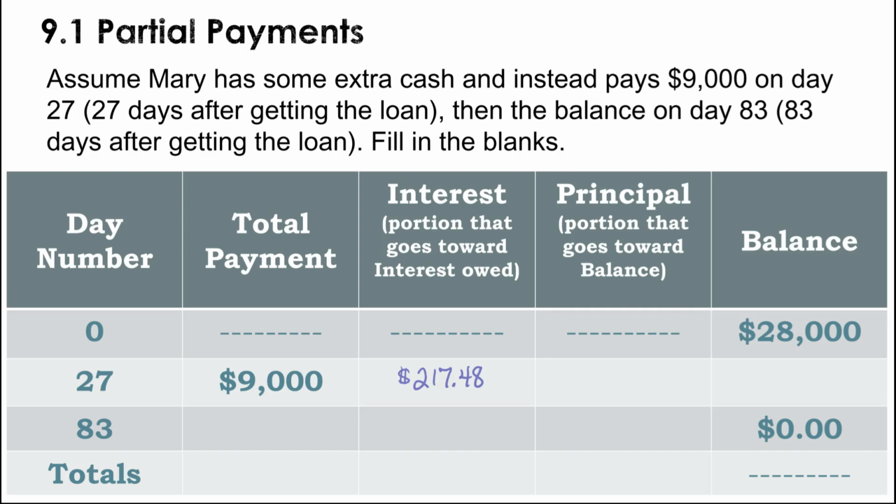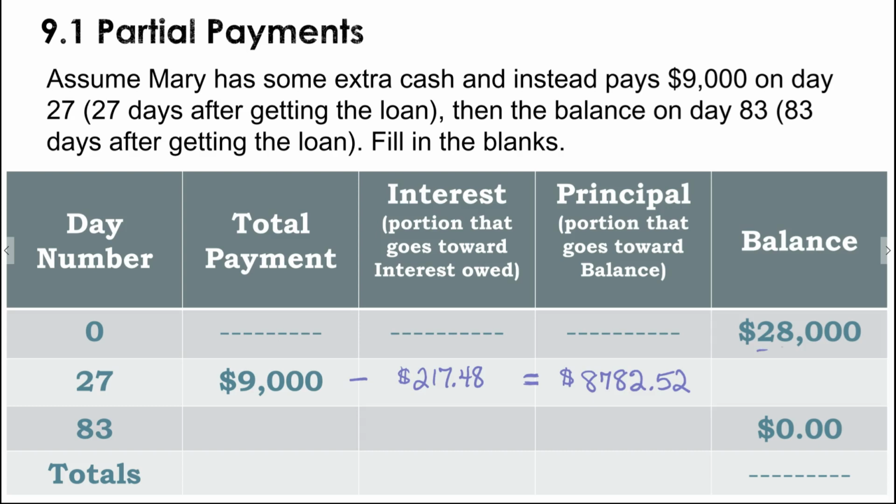So if we paid $9,000 and we also have to pay that $217 in interest, then only the difference between those two is going to go towards our principal balance. So we only get to subtract $8,782.52. Right, we're going to subtract that from the $28,000.